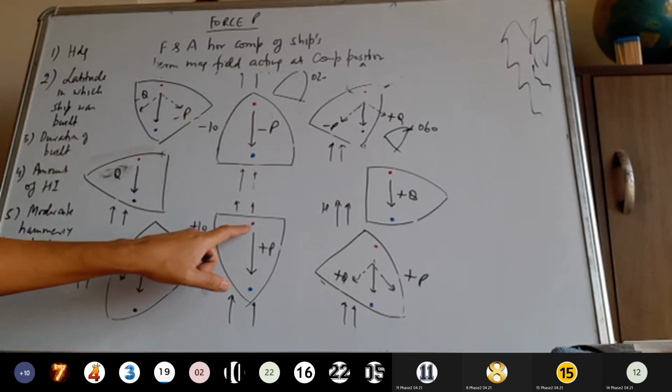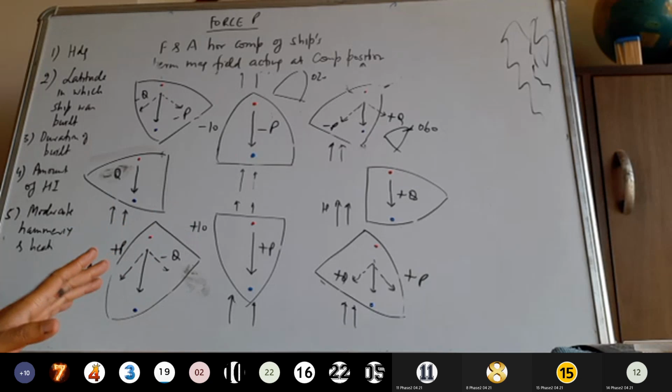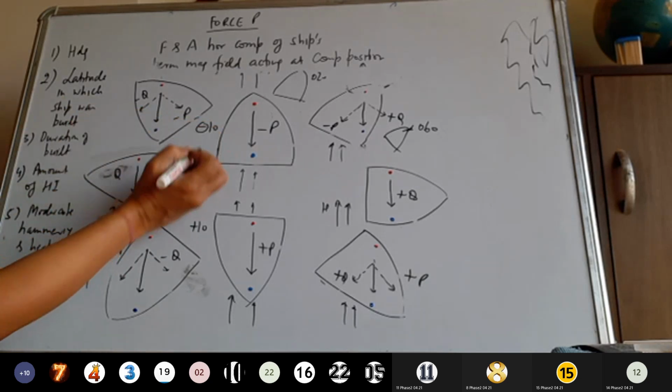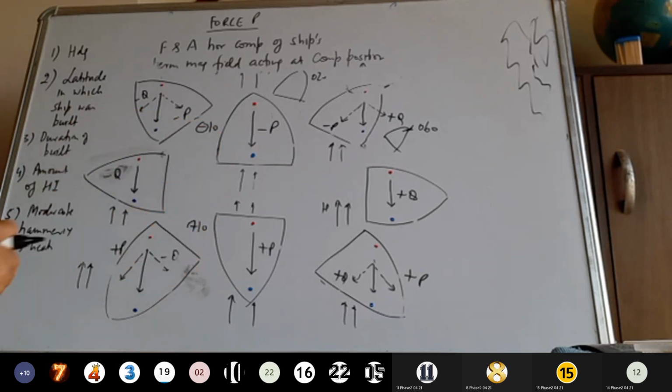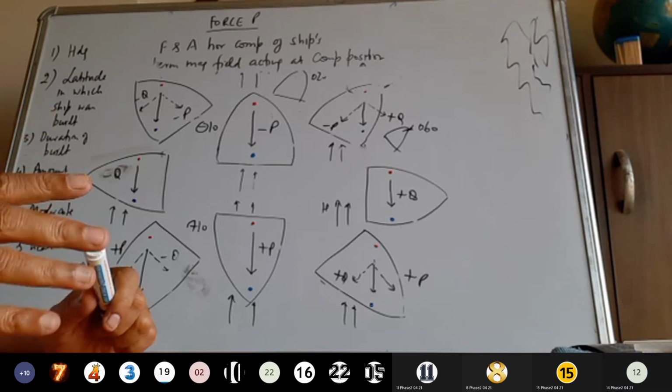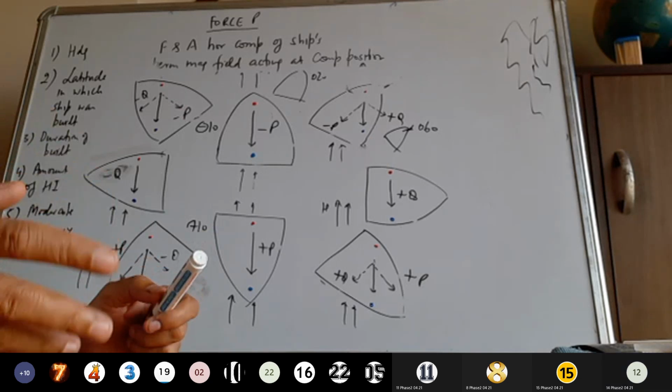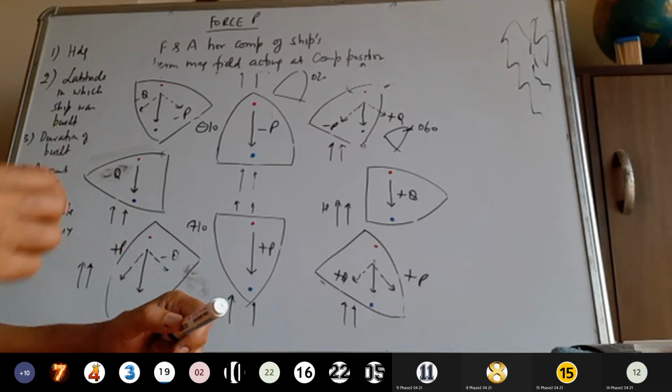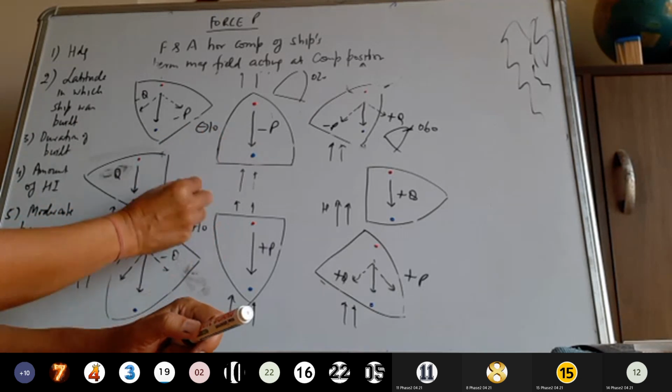And here plus is only saying that force is acting towards bow. So that is the significance of minus and plus. Understand? The magnitude is 10 only. That minus part is only telling you whether the force is acting towards bow or stern. But the numerical magnitude is 10 only in both the cases.